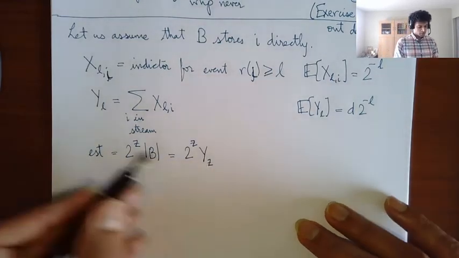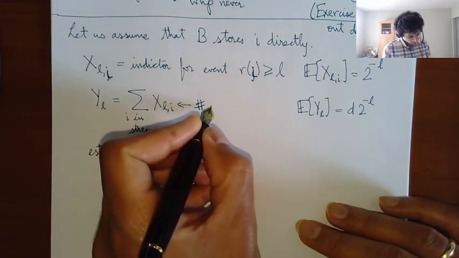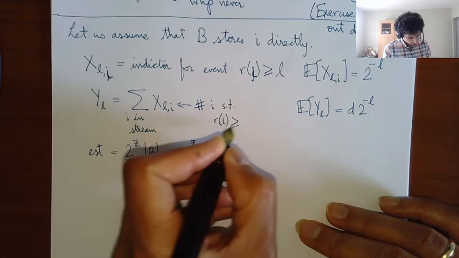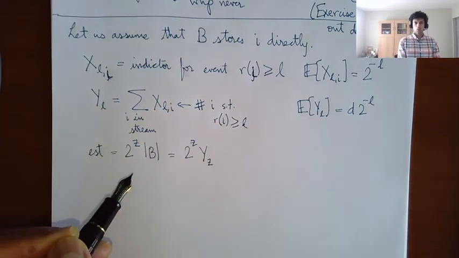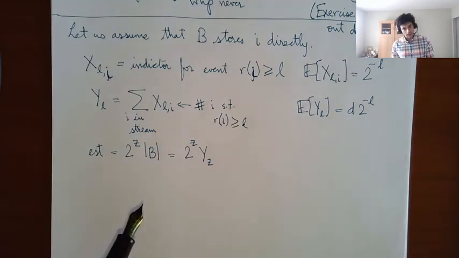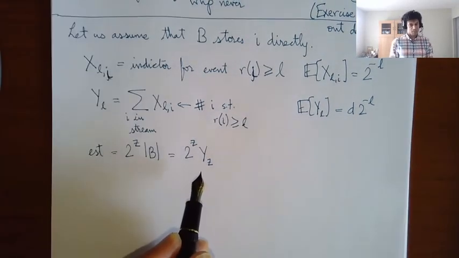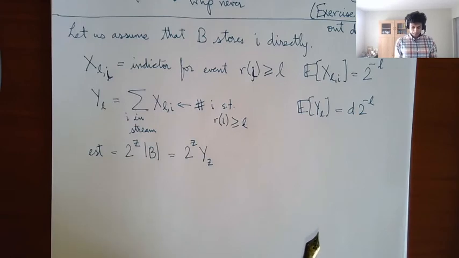Y of z is the number of i such that R_i is at least z, and that's exactly what b stores. It stores everything whose R value is at least z. Okay?